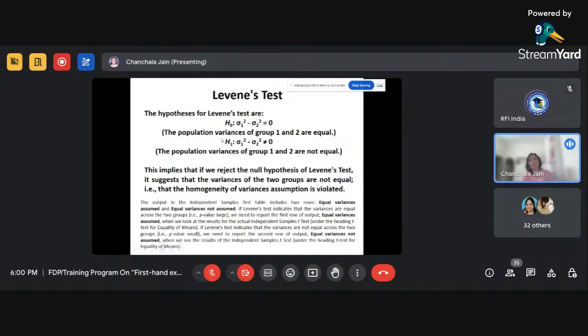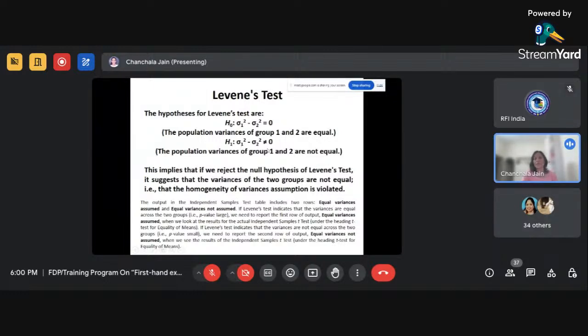That is, the variances of the two populations or two groups are equal, right? So this is the null hypothesis, or the assumption of equality of variance. And alternatively, sigma 1 squared is not equal to sigma 2 squared.